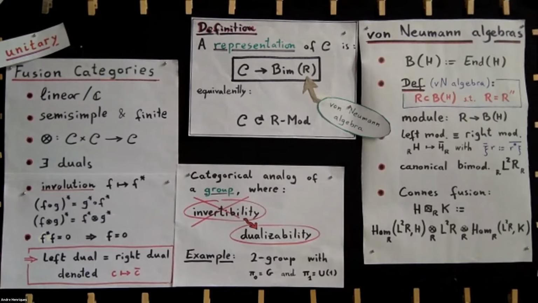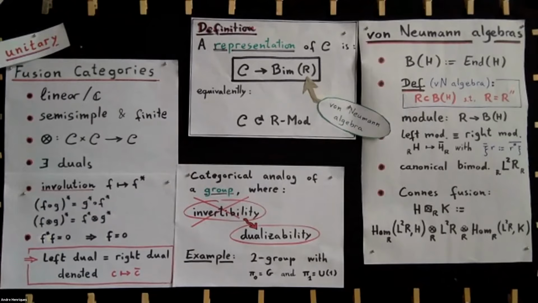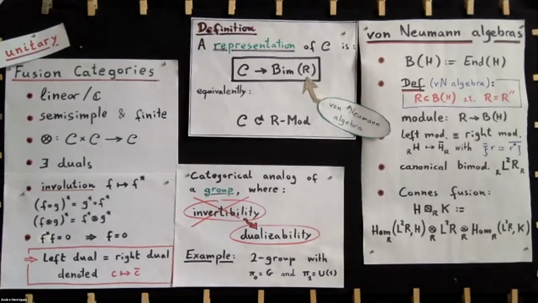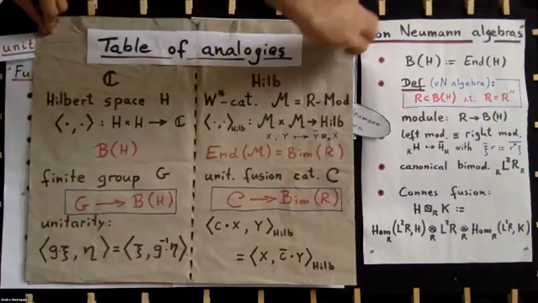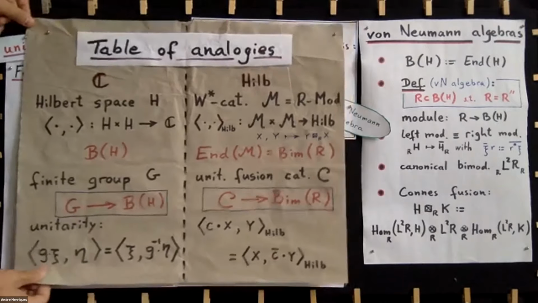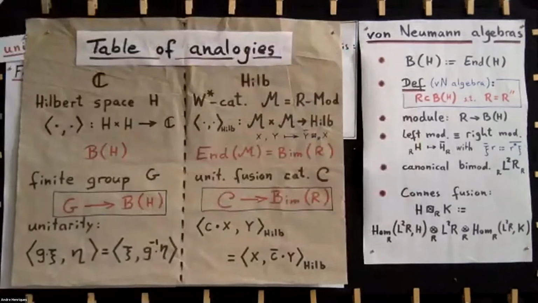So now I claim that acting on R mod, acting on the category of R modules, is like a representation. So let me just throw at you a table of analogies that we can have a look at together to see if we like it. So let's see, what do we have here?